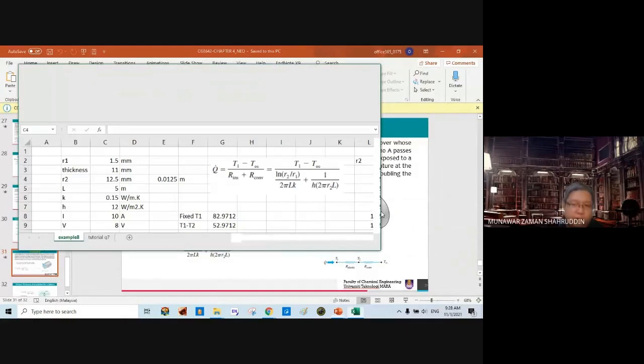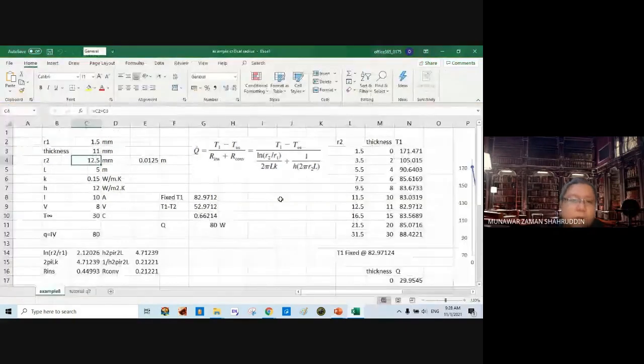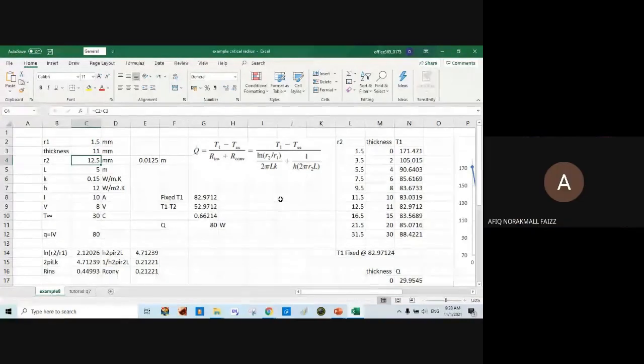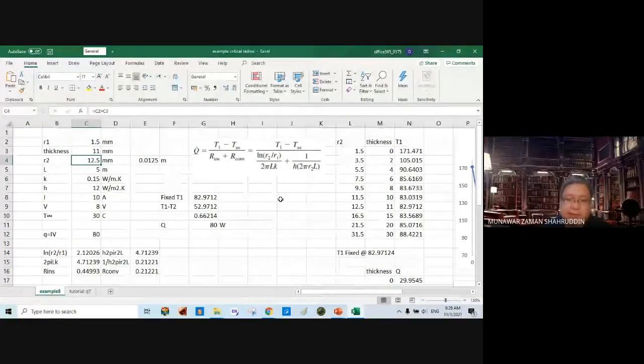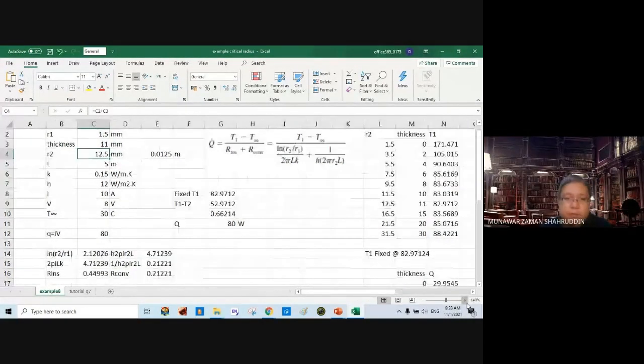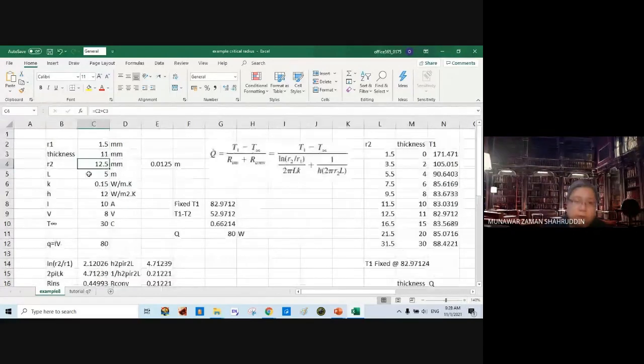Okay, can you see the Excel I'm showing? Can you see it? Okay, clear. If not, I'll enlarge it a bit more. Alright, this is basically the Excel that I have prepared to calculate the value of critical insulation.